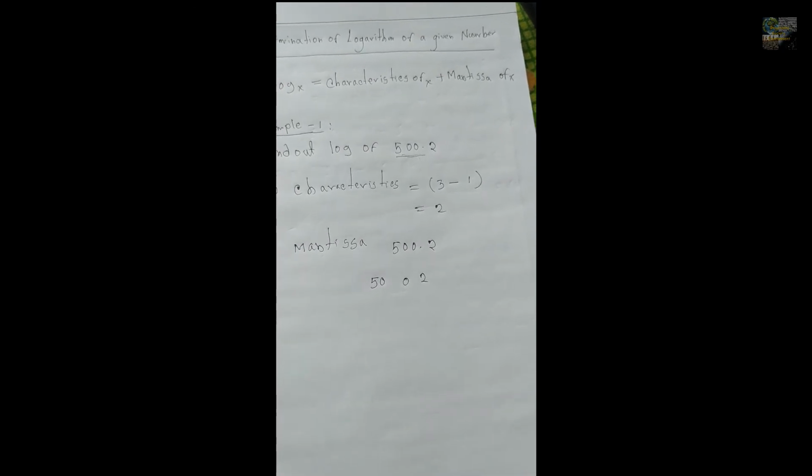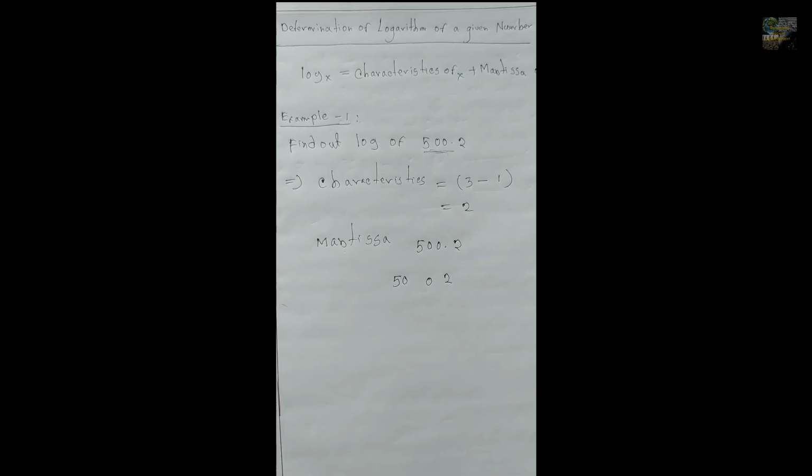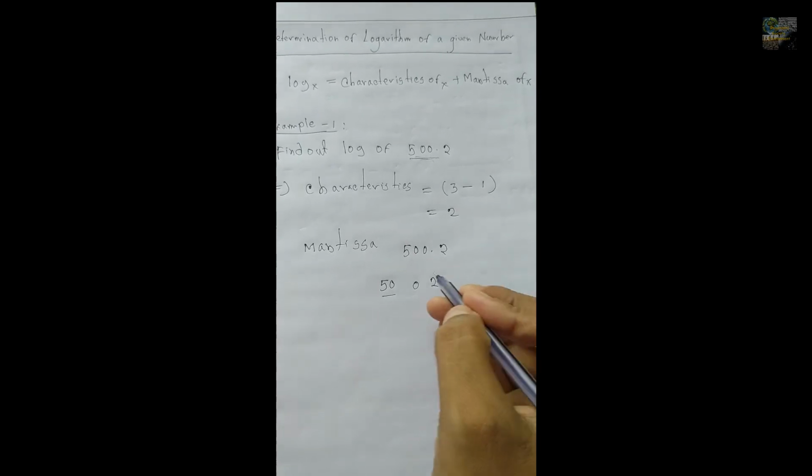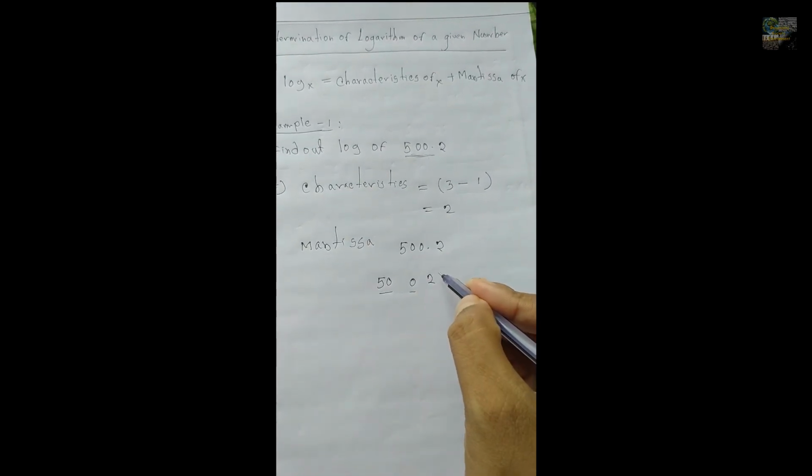You know that the standard log table has rows that range from 10 to 99, and there are 10 columns that range from 0 to 9. That's why I have written 50 here, then 0, and to find the mean difference I have to use 2.